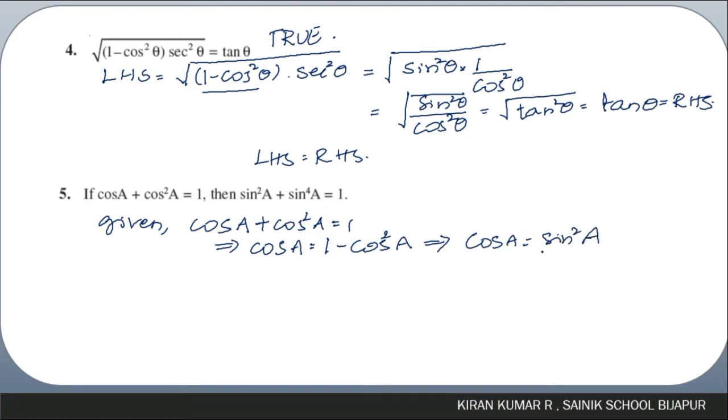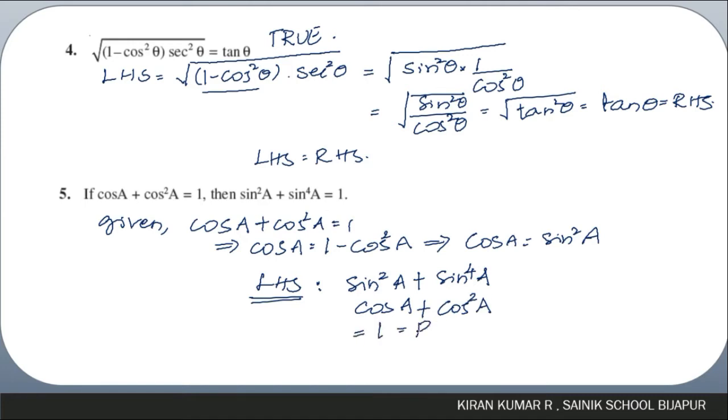So cos A is sin square A. Let me take the left hand side of the given statement, sin square A plus sin raised to the power 4 A. Sin square A is cos A as we have done, plus instead of sin raised to the power 4, I can write cos square A, and it is equal to 1, which is the right hand side. Therefore, the given statement is a true statement.